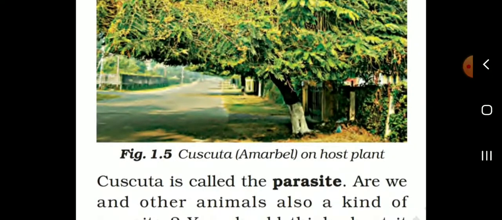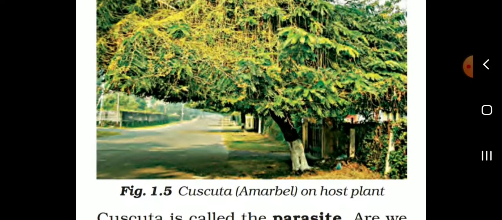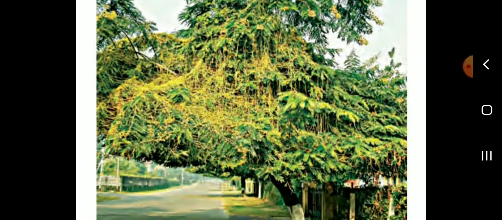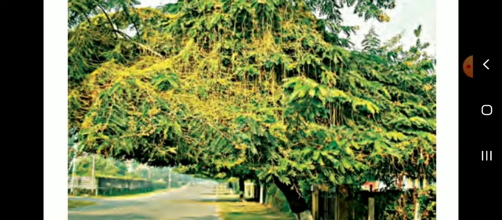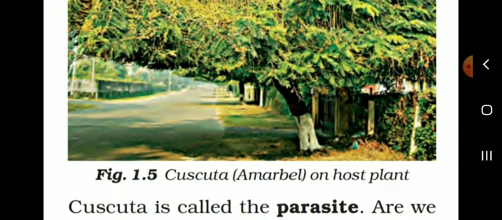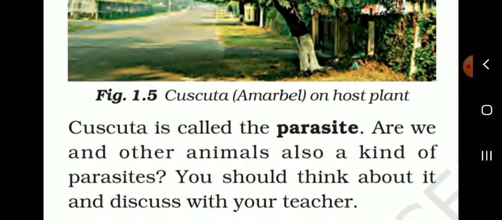See the picture, students. This is Cuscuta, amarbel. It depends upon another plant, and it is yellowish in color. It is a parasitic plant. Why is it called a parasitic plant?